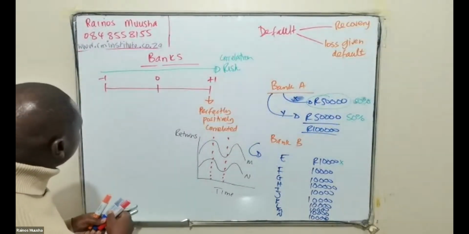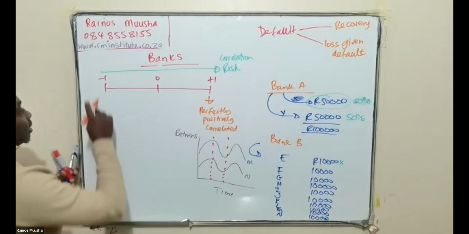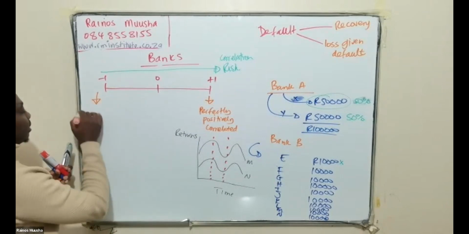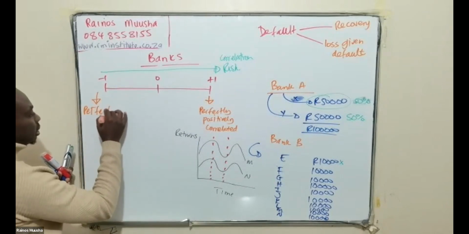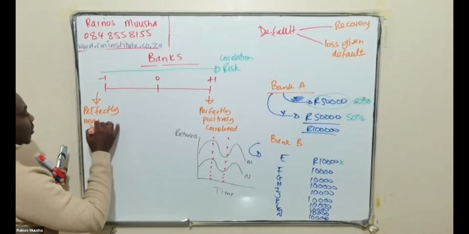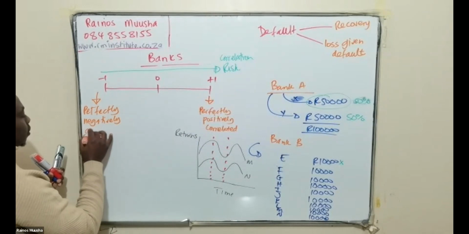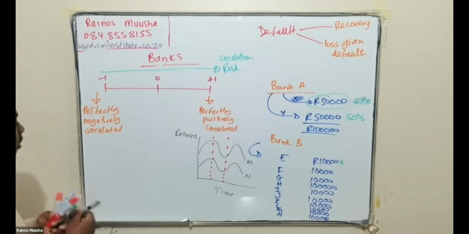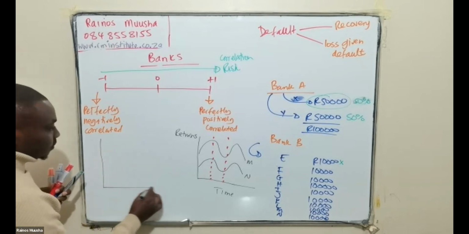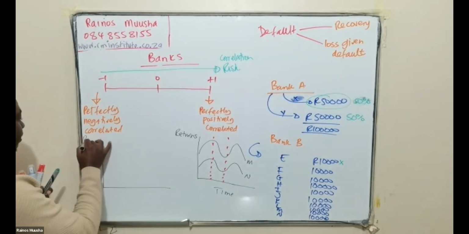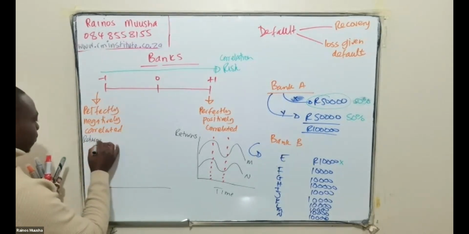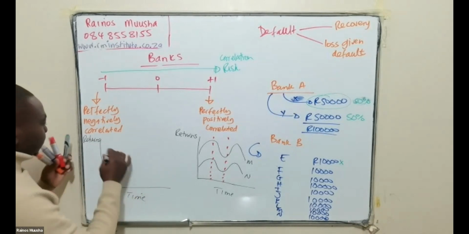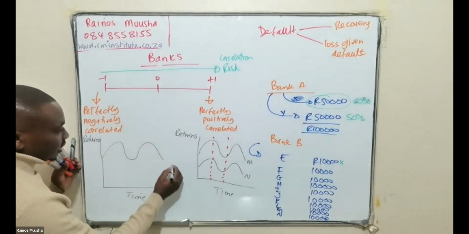Ideally, you would want a correlation close to -1. Because if it's close to -1, we say it's perfectly negatively correlated. Let's say you have investment M, which is moving in this direction.